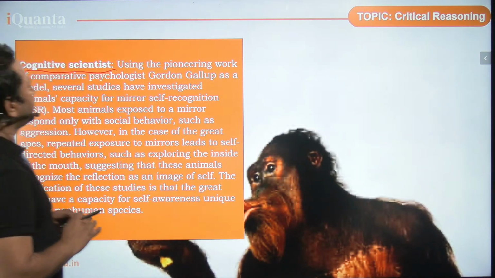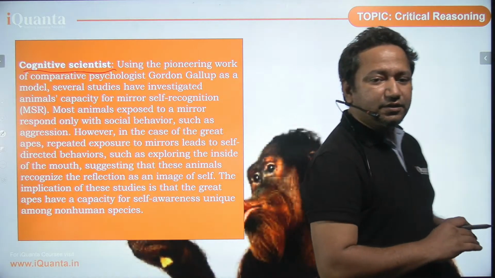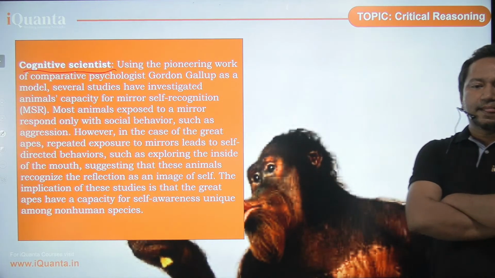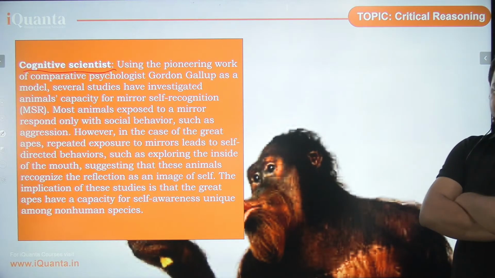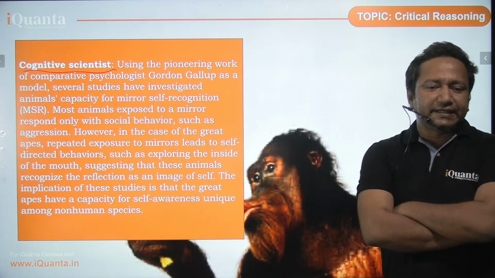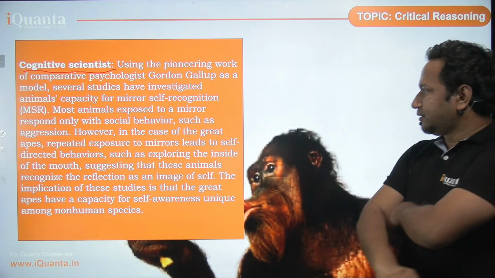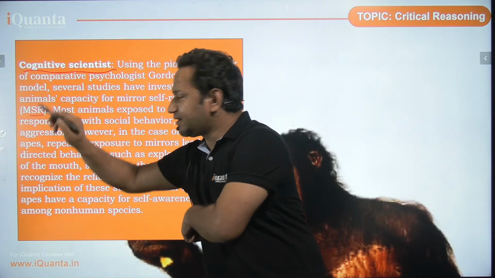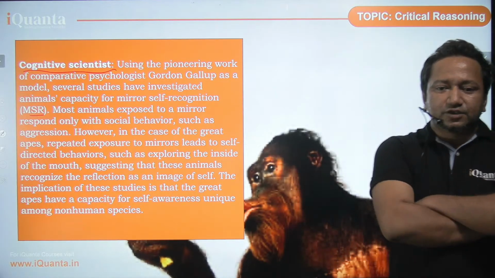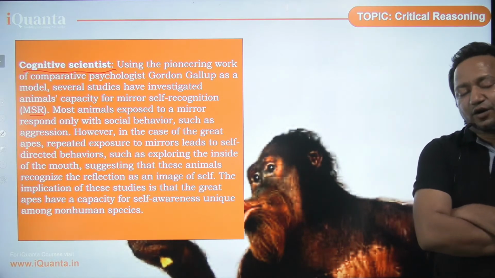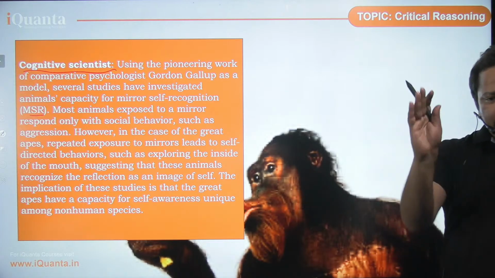pioneering work of comparative psychologist Gordon Gallup as a model, several studies have investigated animals' capacity for mirror self-recognition, also known as MSR, mirror self-recognition. Okay, so you must have seen some. All the humans look at mirrors, but do animals look at mirrors?